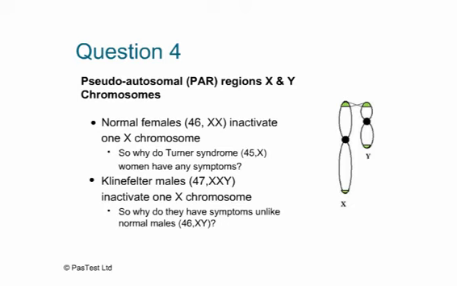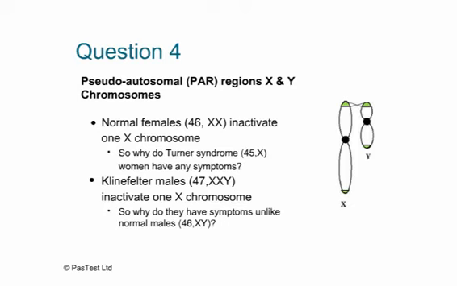And because these regions are not inactivated, a woman with Turner syndrome will have a smaller number of genes in the pseudo-autosomal region active than a normal woman. And in particular, the SHOX gene is thought to be responsible for the short stature in Turner syndrome. Similarly, a man with XXY will have an additional X chromosome and will therefore have duplicated genes in the pseudo-autosomal region, which is presumably responsible for most of the effects of Klinefelter syndrome.